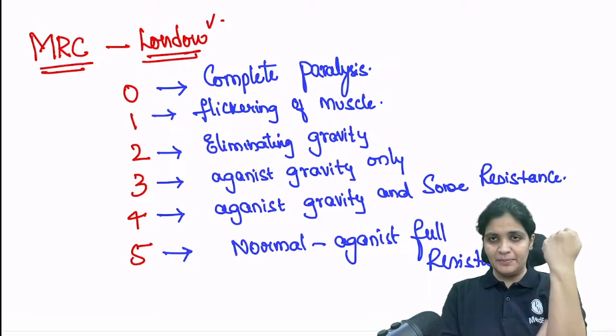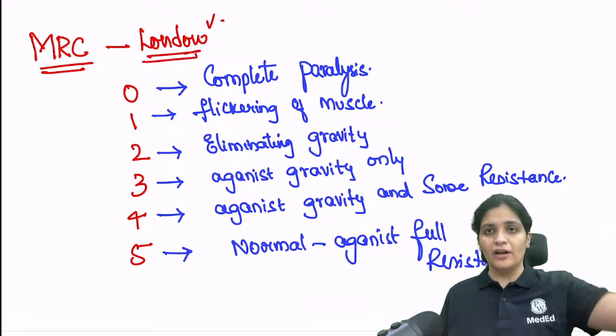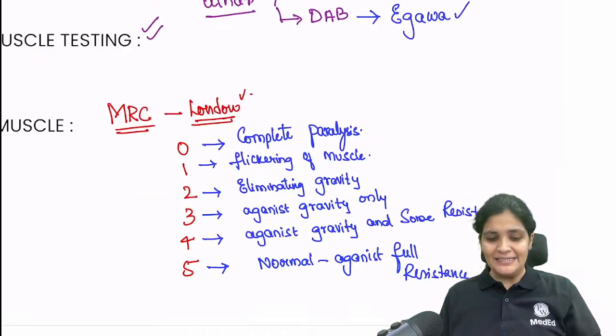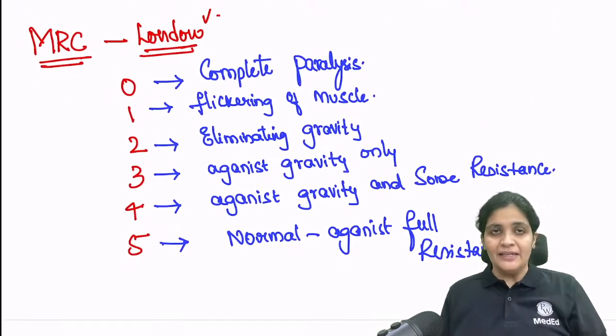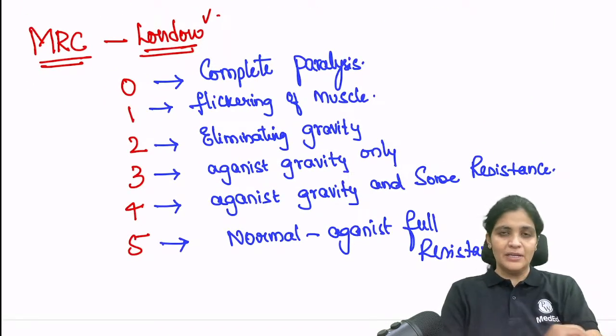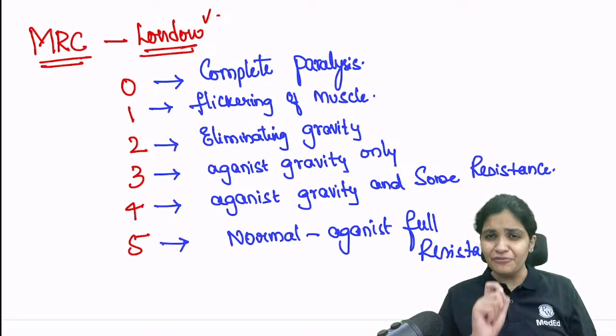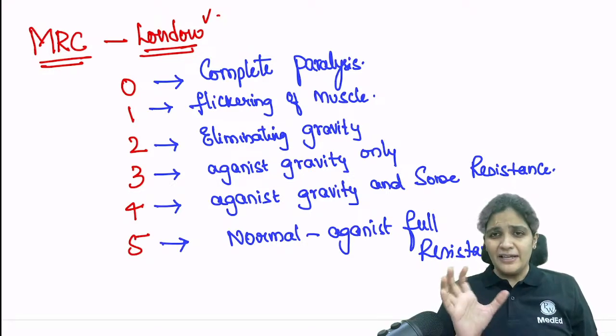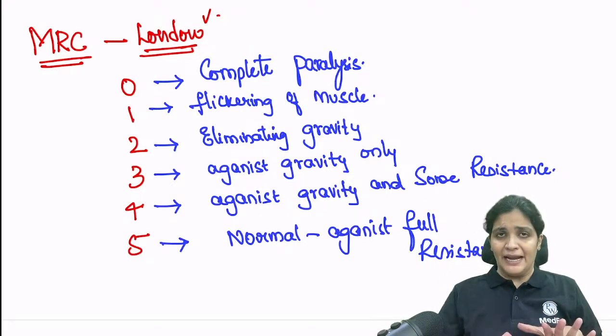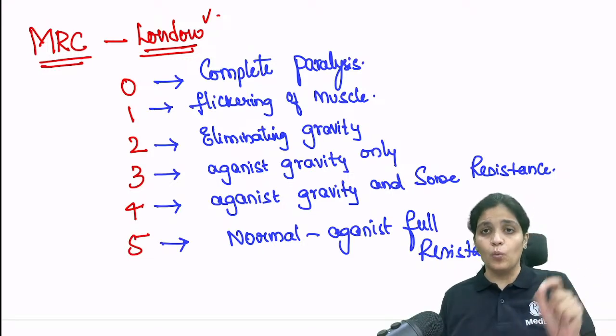If he is completely not able to do, then that is complete paralysis, and you put the grade as 0. Then if he is doing some flickering of the muscle, if he is trying and there is some flicker which you can see, not exactly able to make out, that is not complete paralysis, then you will write grade 1.